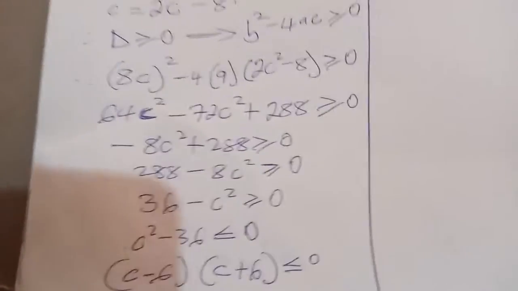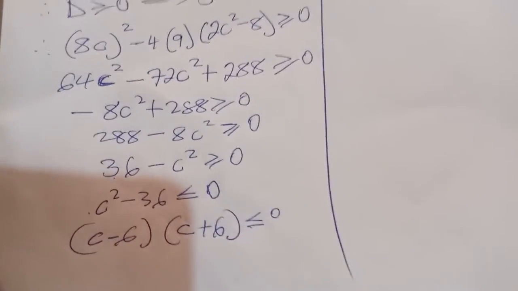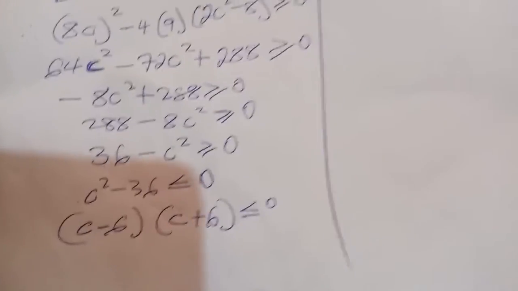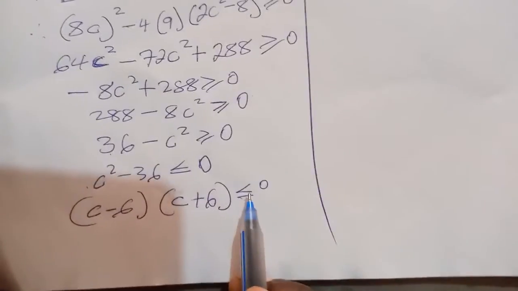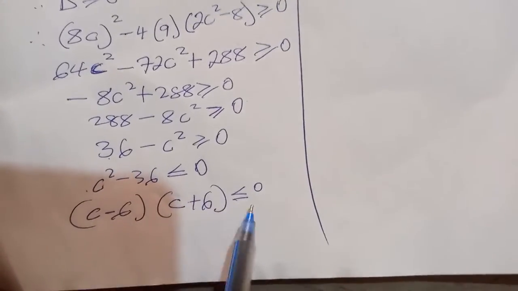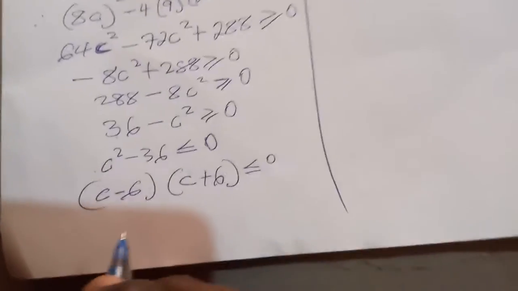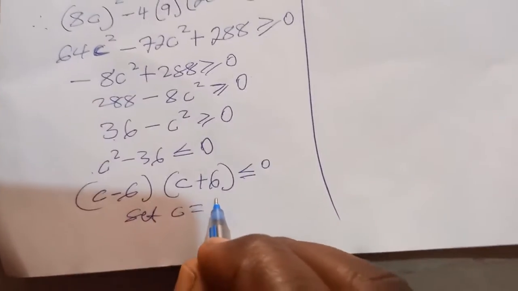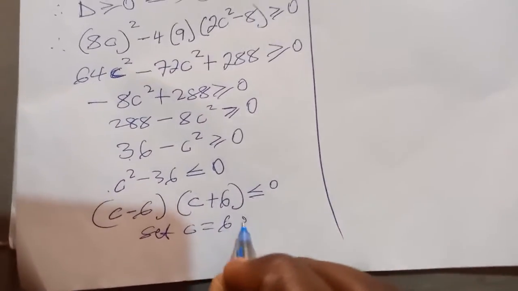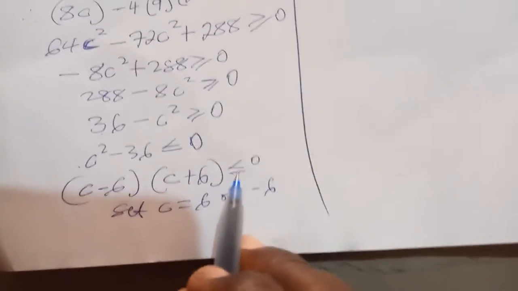How do we deal with this inequality? I want you to notice one thing: this is a quadratic inequality with a less than, like this. Just solve it first. After solving it, you set c equal to 6 or minus 6, assuming it was just an equation.